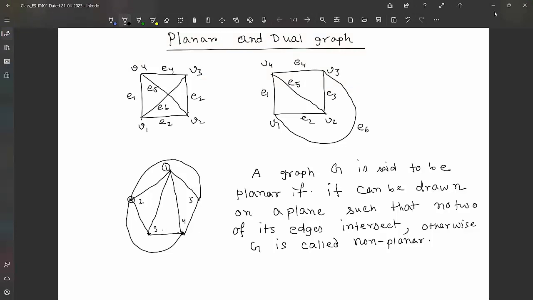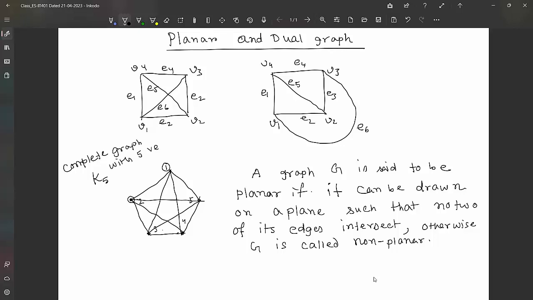Now again we are taking 2 or 3 more examples. So this graph is a complete graph. So this is a non-planar graph. If we draw this in this way, this is one of the non-planar graphs and it is called K5. K5 means the complete graph with 5 vertices.